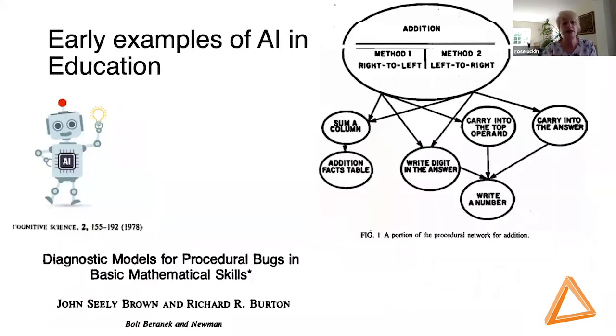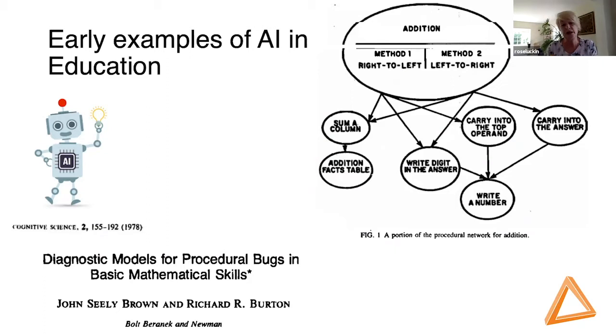And there were some great examples early in the days of AI in education. This early system in the 70s explored how we can create rules about how young children learn how to do addition, including buggy rules, and the system was called Buggy.